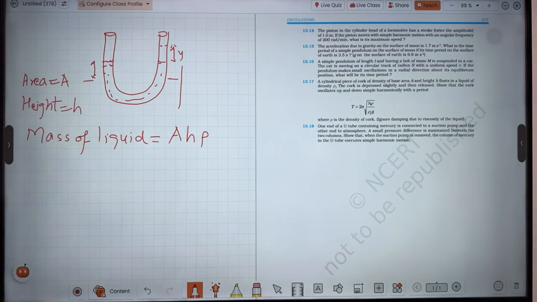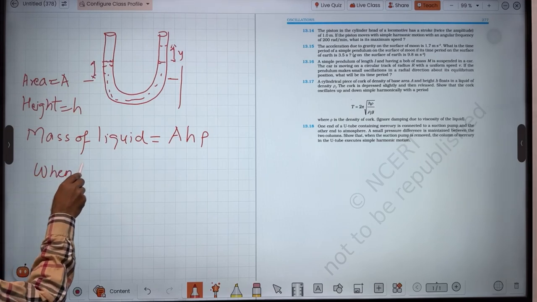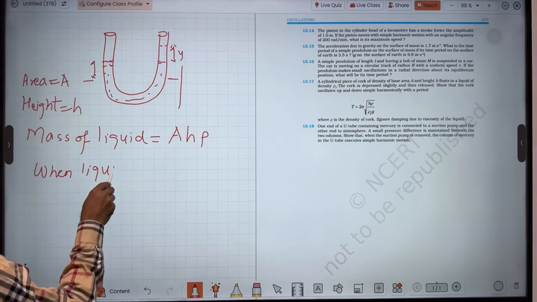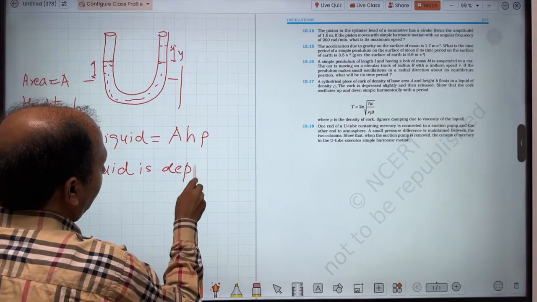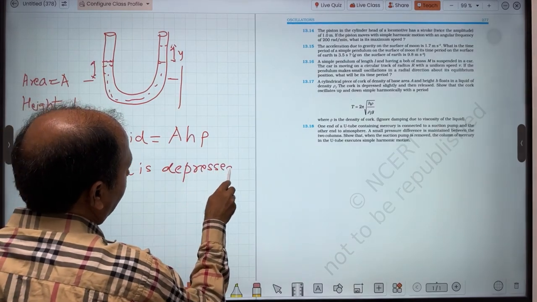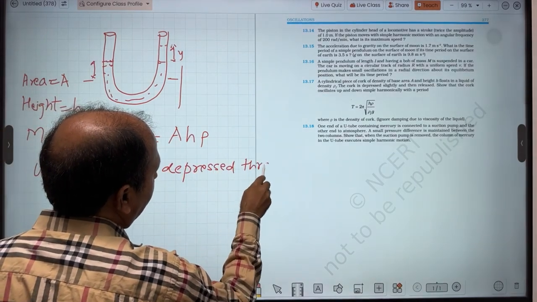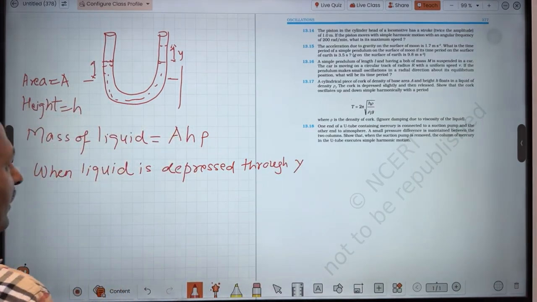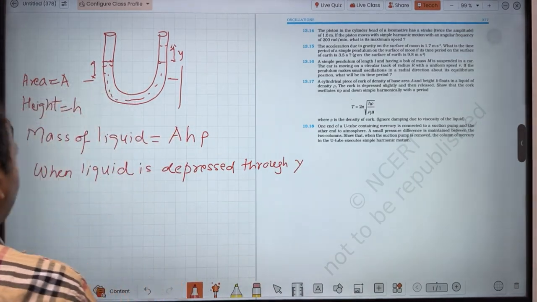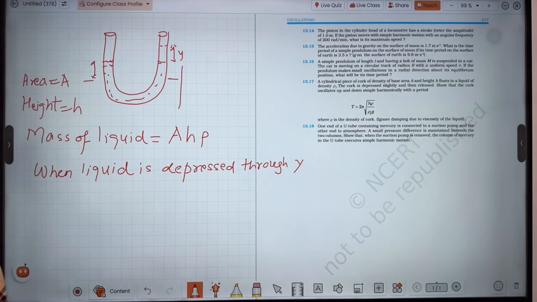Now when the liquid is depressed through y, then we can find the restoring force.